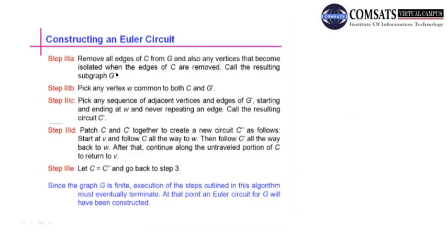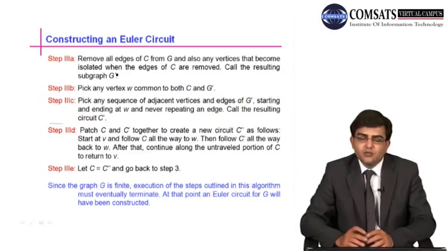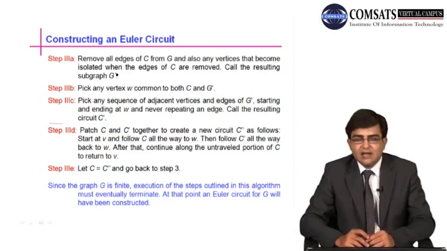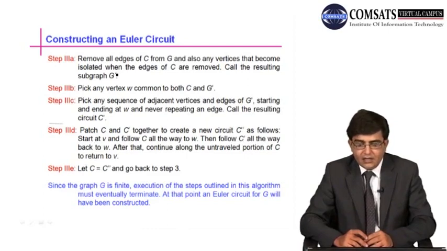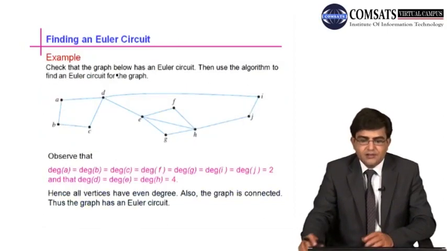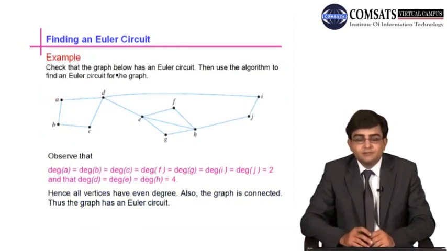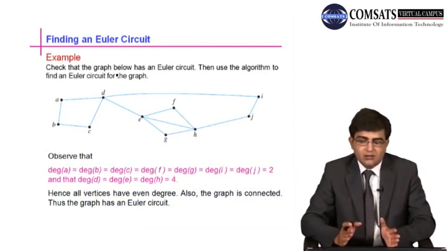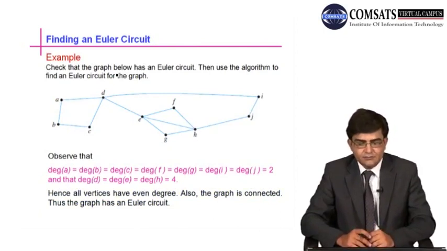And at the end, the circuit we obtain is basically the Euler circuit which we have constructed in that graph G. Now we consider an example and we apply this algorithm on this graph to construct an Euler circuit.